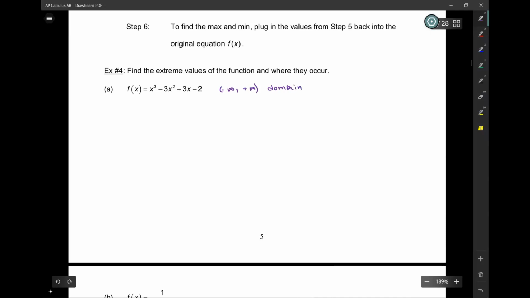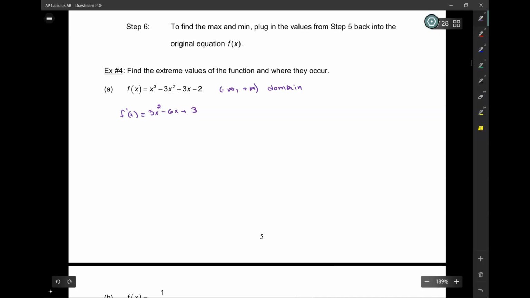That means all points are values where the function is defined. There's no absolute maximum, because it's continuous. So let's do this. f prime of x is equal to 3x squared minus 6x plus 3.